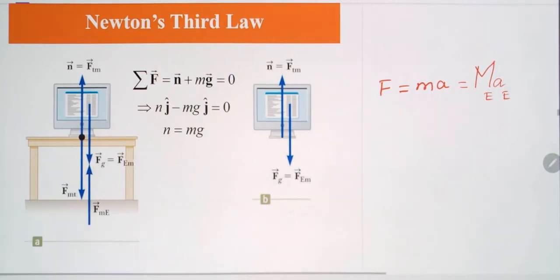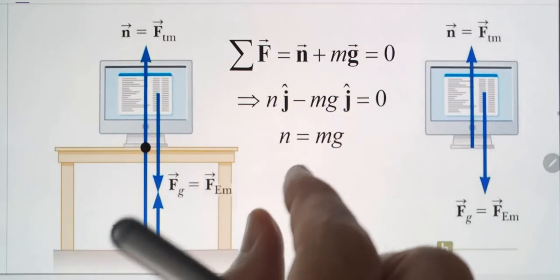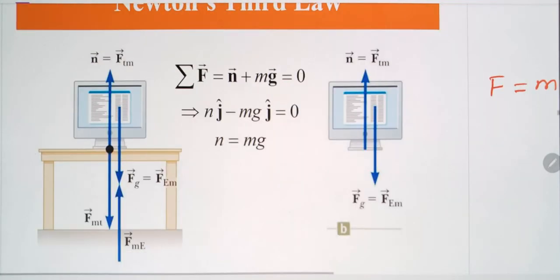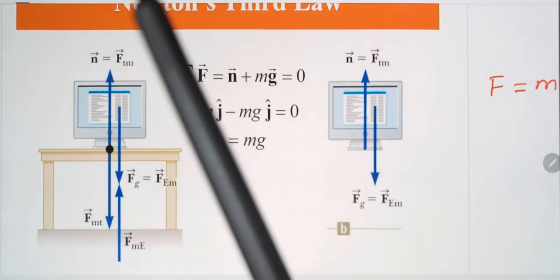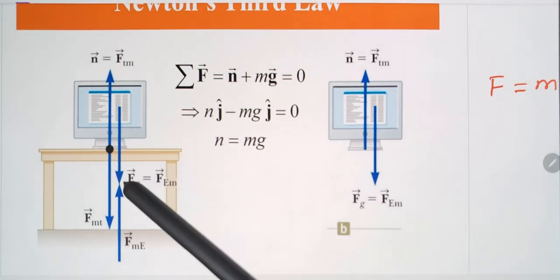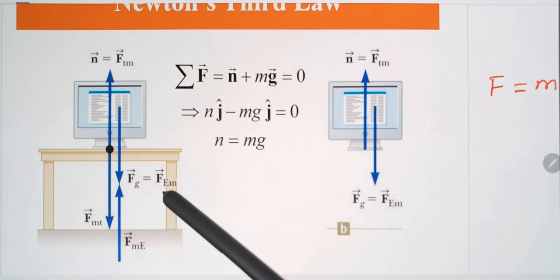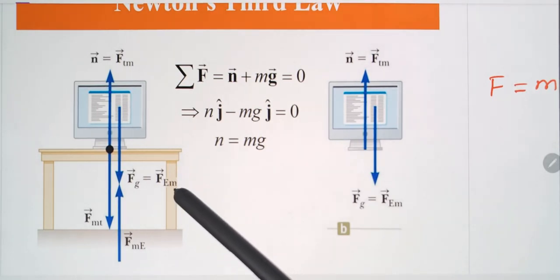Okay, let's see this confusing picture. First of all, this is a monitor. The monitor has a gravitational force, Fg, which is equal to the force of Earth acting on the monitor.